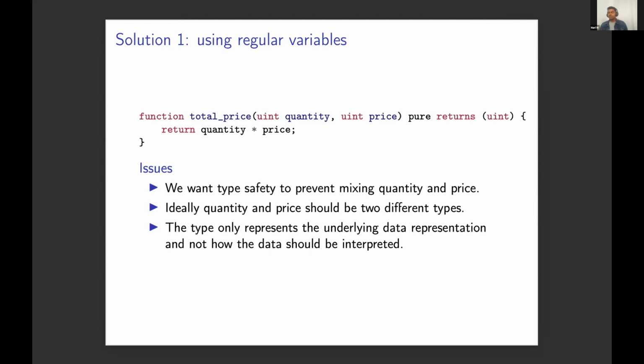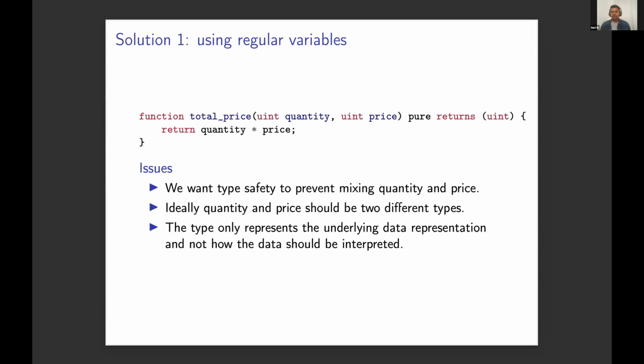For example, you're not supposed to assign a price to a quantity or vice versa. But in our code, we can, because both of them are unsigned integers. So from a type safety perspective, we can do much better. In our example, the type only represents the underlying data representation and not how the data should be interpreted. So to repeat, we would like to have two different types for quantity and price.